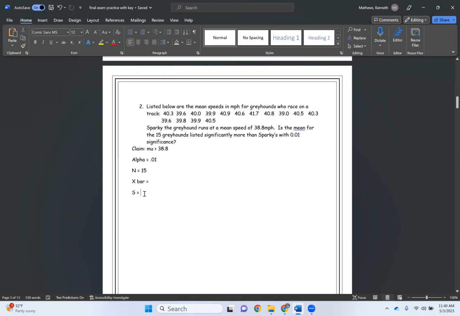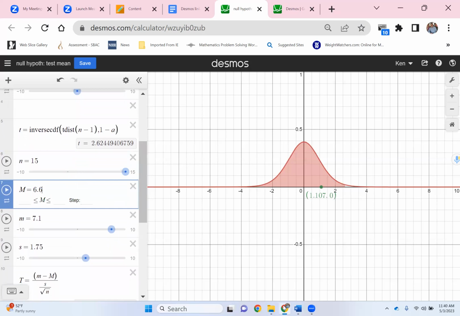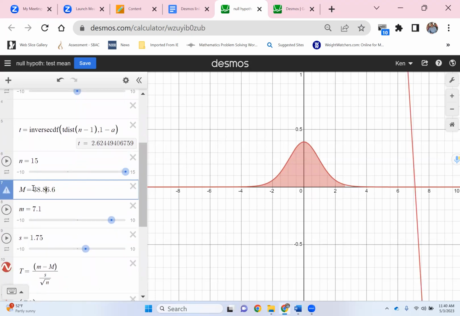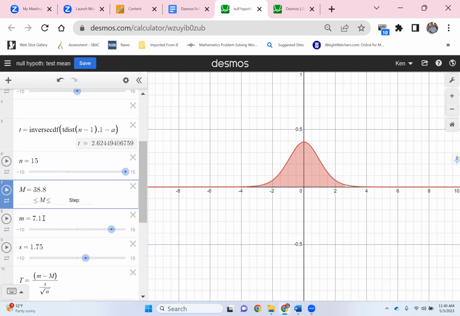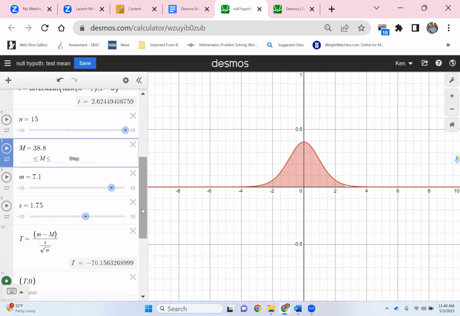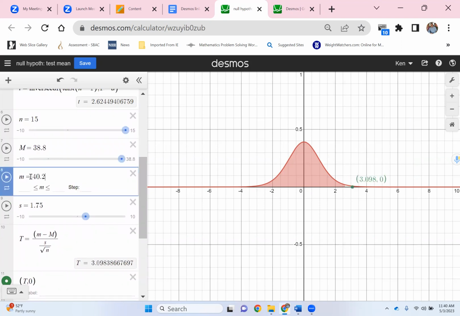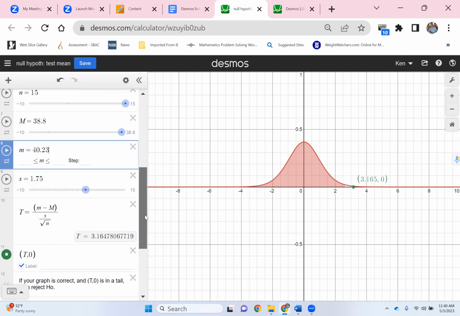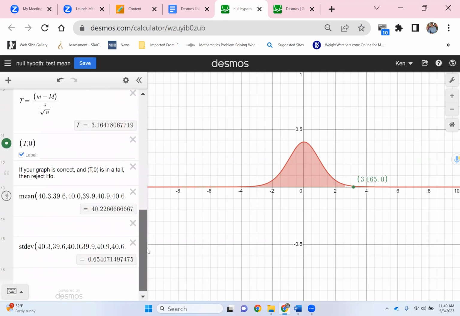That would be Sparky's mean speed. So mu equals 38.8. All right, M is our x bar, which is the mean of our sample, 40.23. And our standard deviation was 0.654.